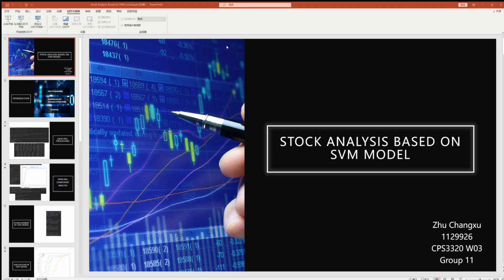Amount is the trading volume of the day. I also added diff and up. Diff is the price change of the day, and up is the target value that indicates whether the price increases today. We can see 1 indicates increasing and 0 indicates decreasing.